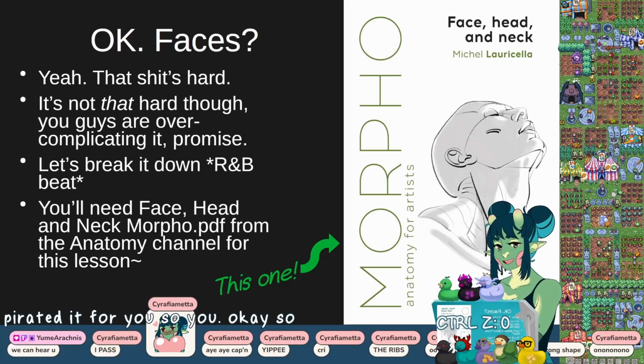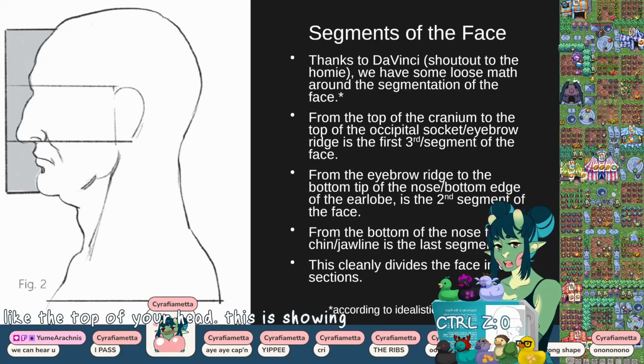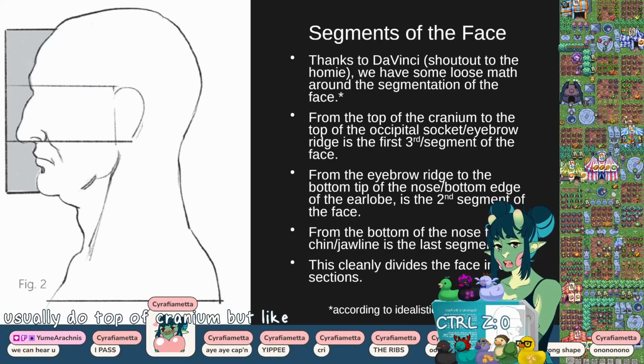Okay, so to start with, segments of the face. Thanks to Da Vinci, back in the day, Da Vinci segmented the face into 3 different segments, from the top of the cranium to the bottom. I usually do top of cranium, but top of forehead is technically correct.